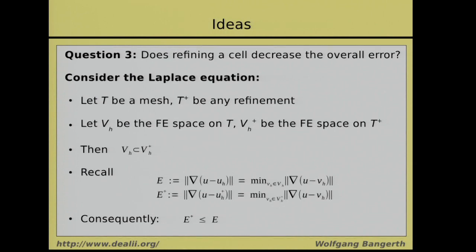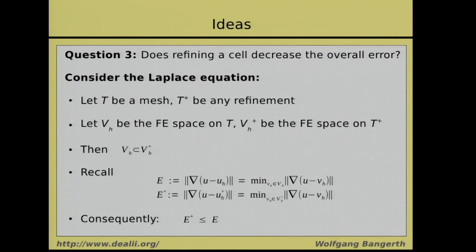And so if you look at these two formulas, it's easy to see that the second one must be smaller than the first one because the expression is exactly the same, but I'm minimizing over a bigger set. VH plus is bigger than VH. That's the statement that I had here. So if I minimize over a bigger set, certainly the minimum cannot be worse, but it can be better, right?